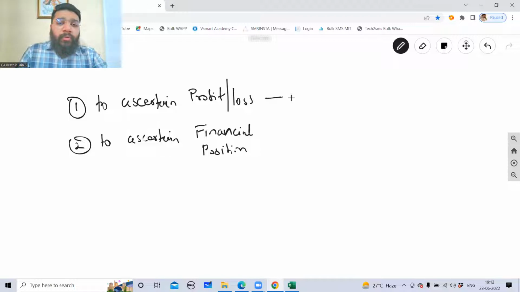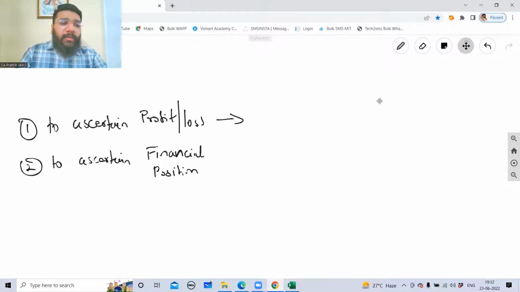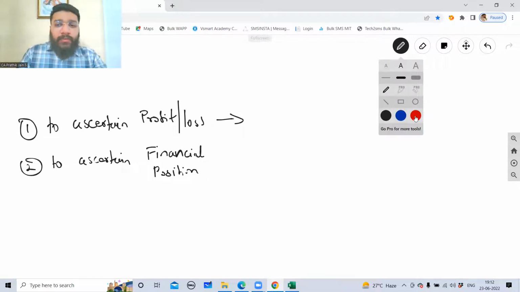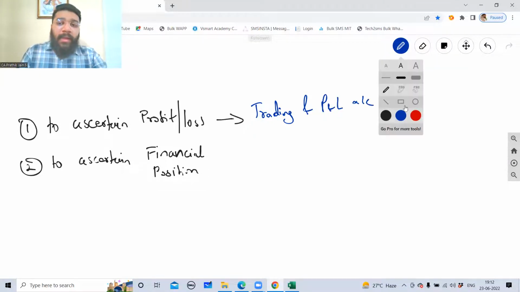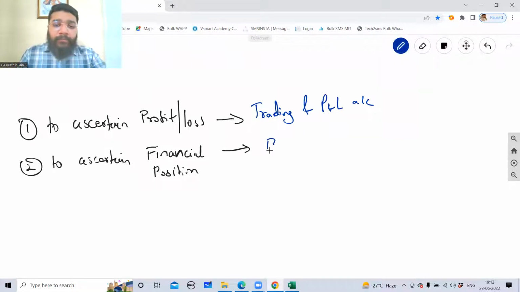So by preparing what statement will I get to know the profit and loss of the business? Trading and P&L account. We'll prepare a statement called trading and P&L. P&L stands for profit and loss account. And for me to know my financial position, the statement that I'm supposed to prepare is the balance sheet.